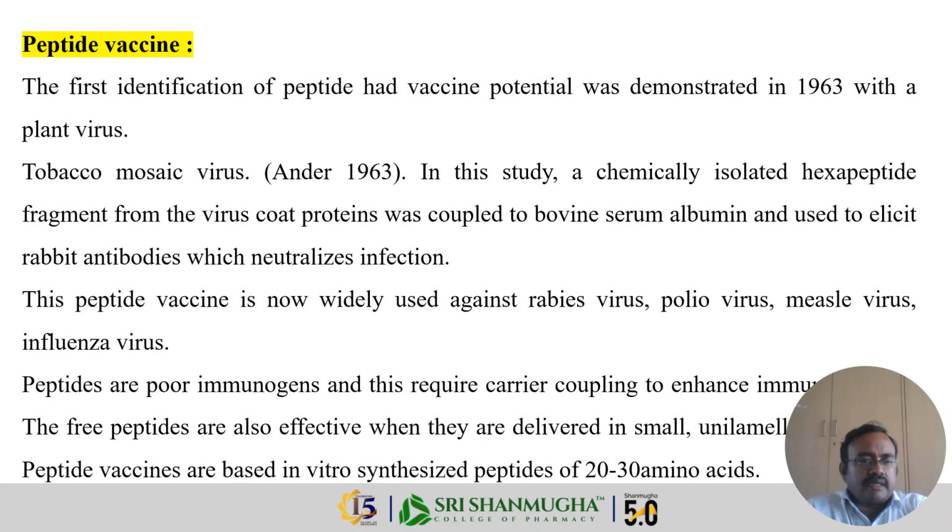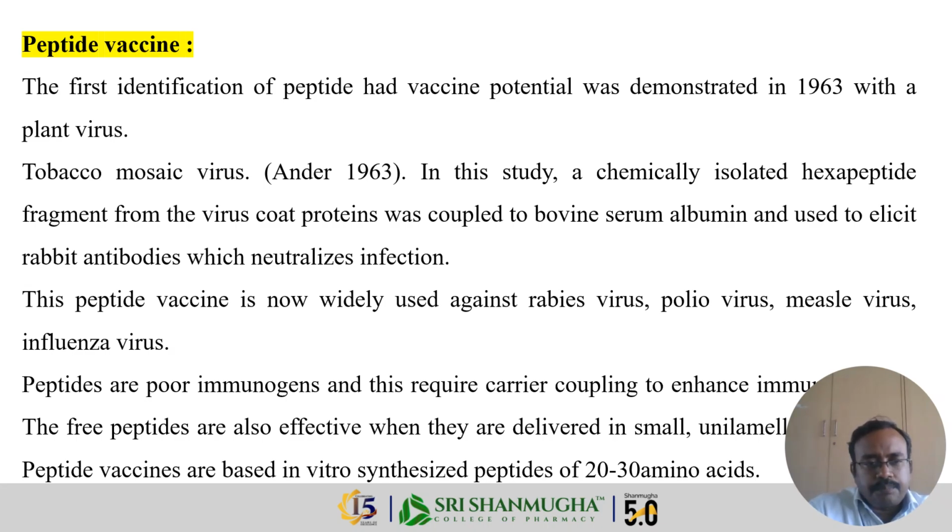Another type is peptide vaccines. The vaccine potential of a peptide was first demonstrated in 1963 with the plant virus, the tobacco mosaic virus. In this study, a chemically isolated hexapeptide fragment from the virus coat protein was coupled to bovine serum albumin and used to elicit rabbit antibodies which neutralize the infection.